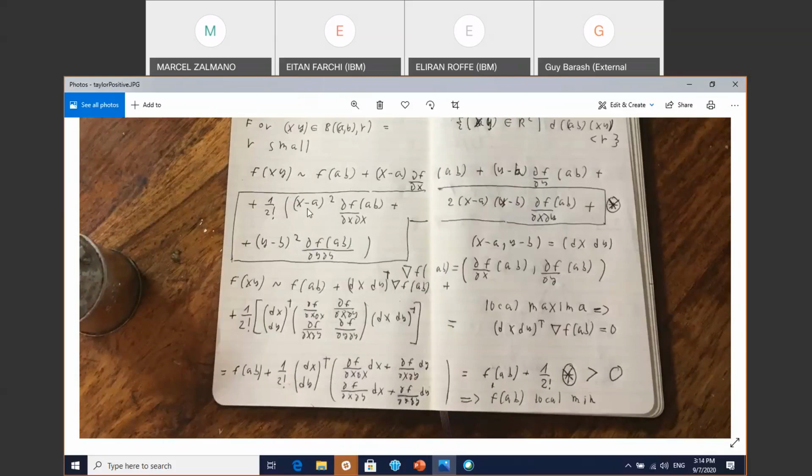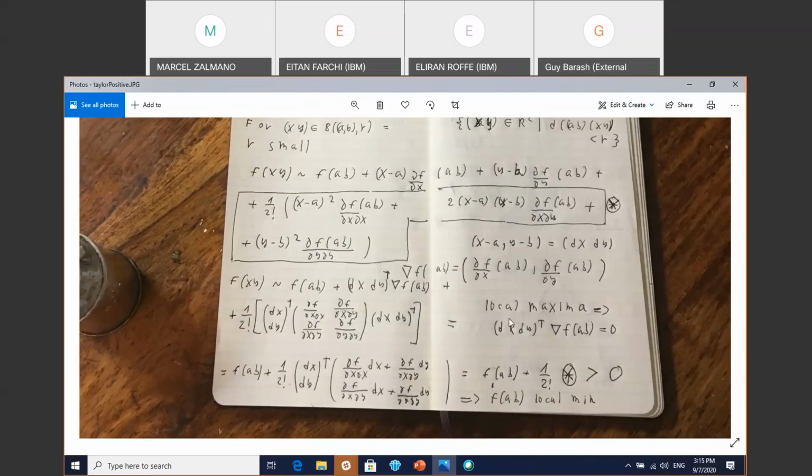So basically, you can think about the second order expansion as the multiplication of the Hessian matrix with this dx dy around them. Make sense? Yes. Okay, great. So here's the crucial point.